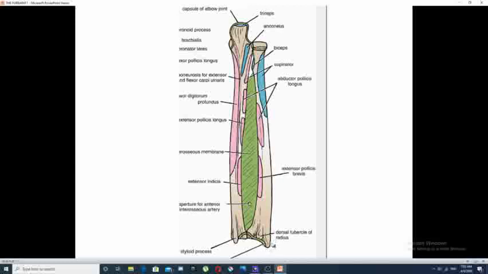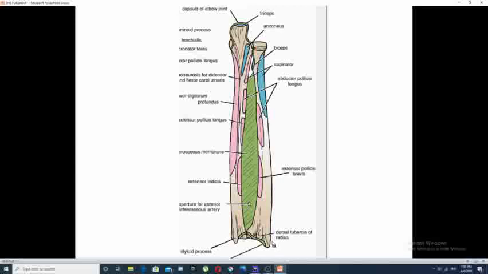The lower end of the radius on its lateral border also has a downward projection called the styloid process of the radius.